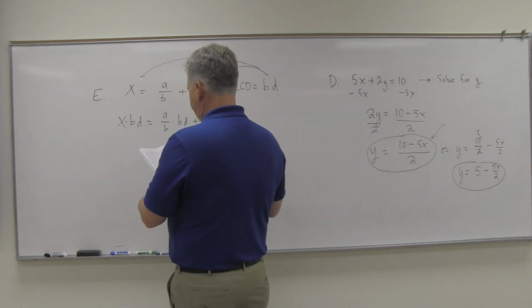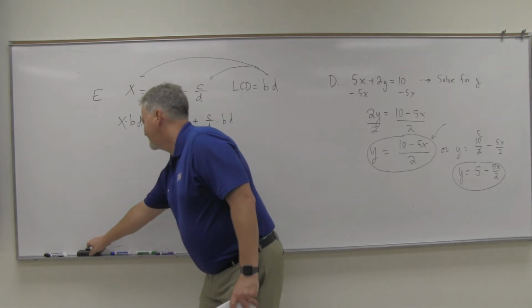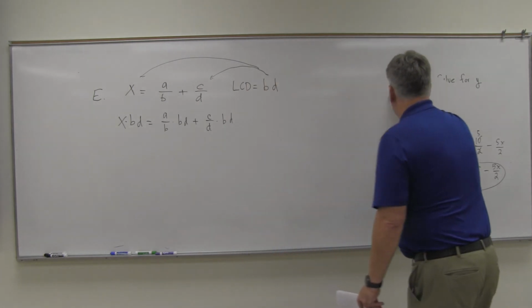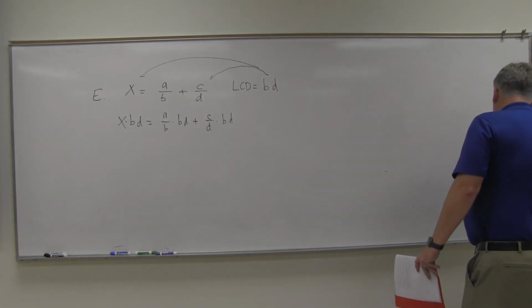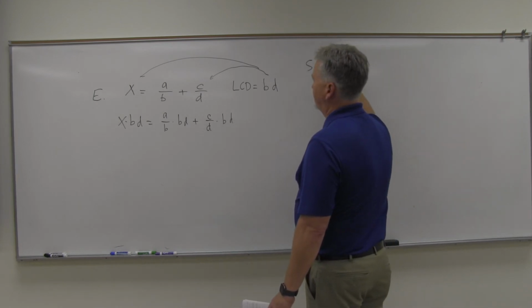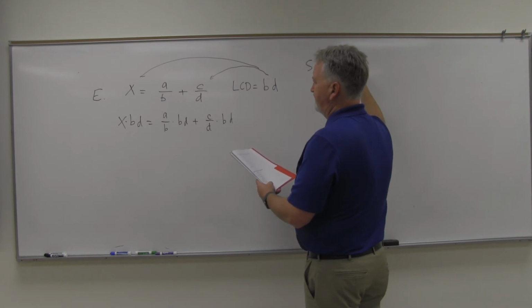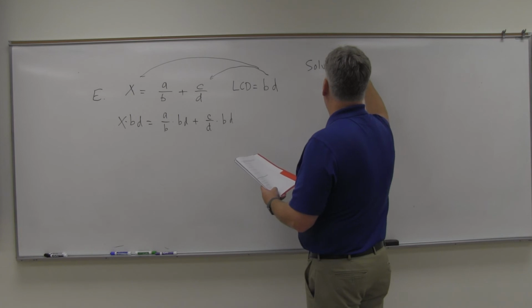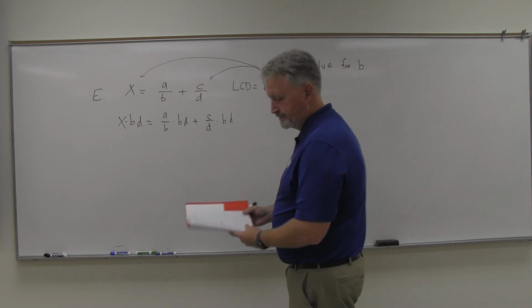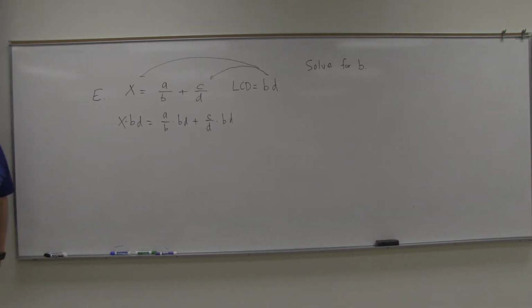Oh, I forgot to say here what we're solving for. Any one we solve for, that's definitely what we're going to do there. So let's solve for B. You can solve for any of them, but B I think is the one they have you do in the homework here.